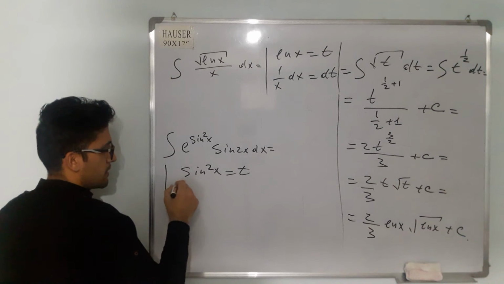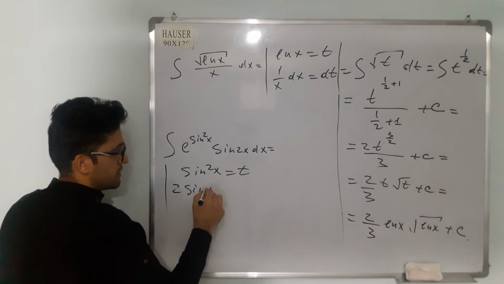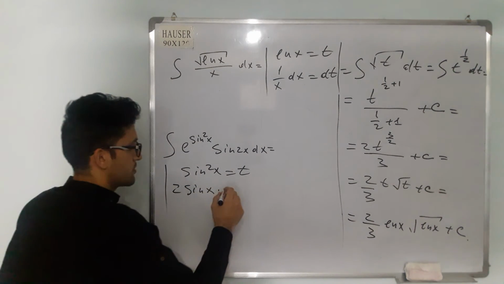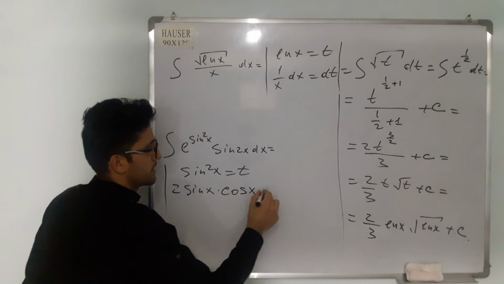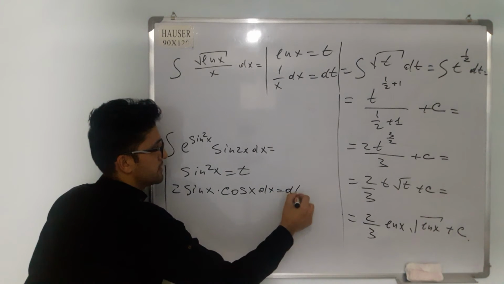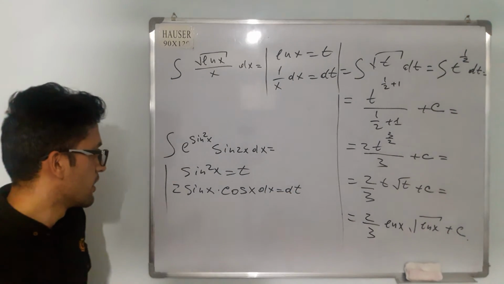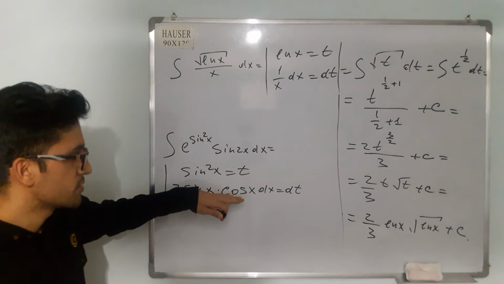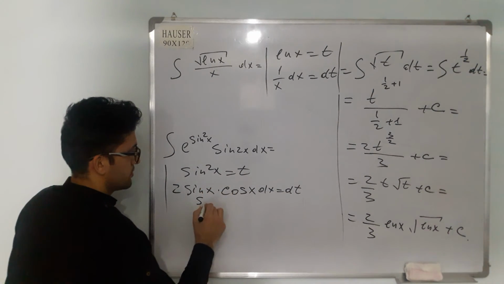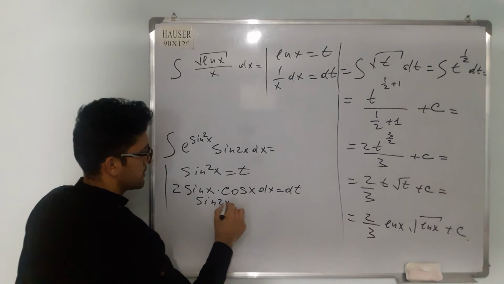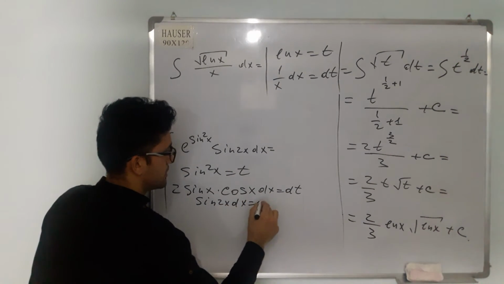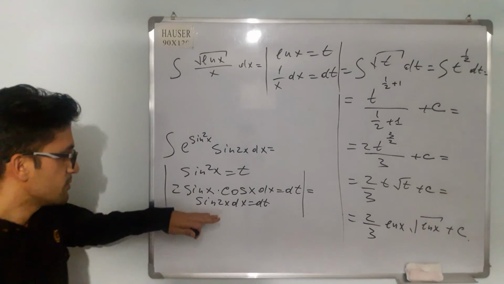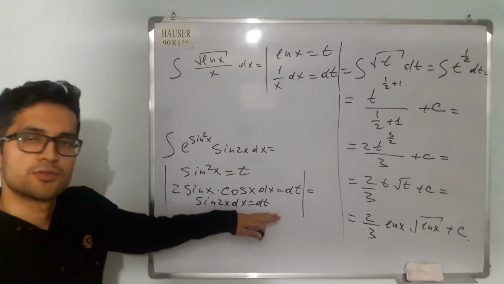It will be 2 sin x times cos x, dx equals dt. From formulas we know that 2 sin x cos x equals sin 2x, so sin 2x dx equals dt.